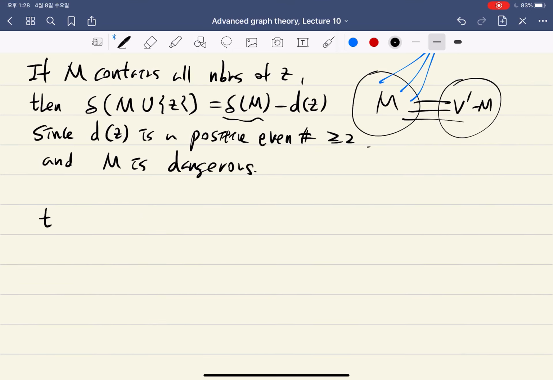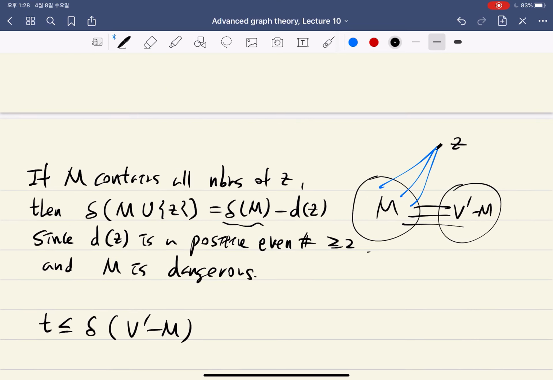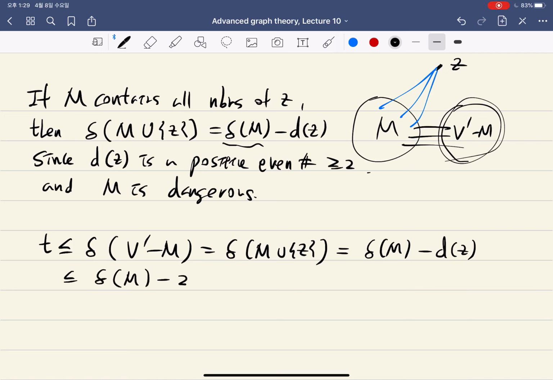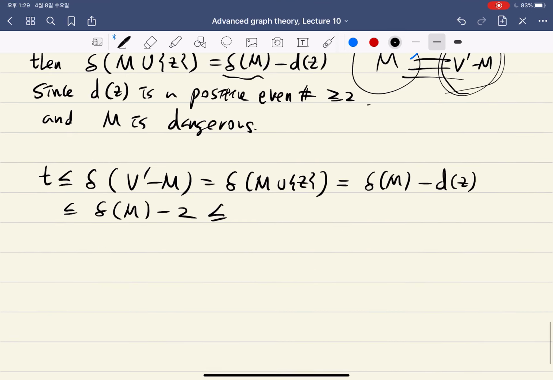So what do we know? We know that there are at least T edges leaving this set, and that's the same as its complement. The number of edges leaving its complement is delta of M minus dg, which, since dg is at least 2, is at most delta of M minus 2, and then delta of M is at most T plus 1, so this is at most T minus 1. This is a contradiction.